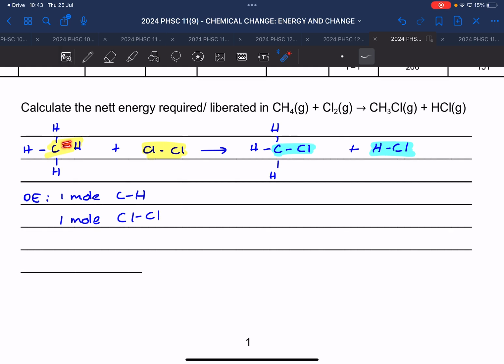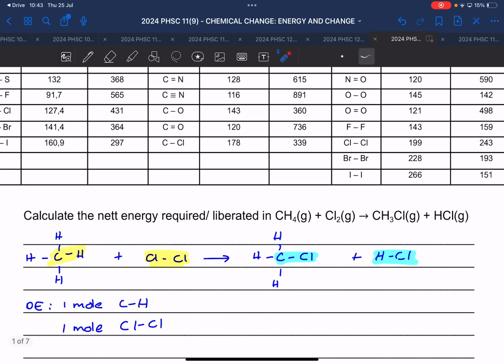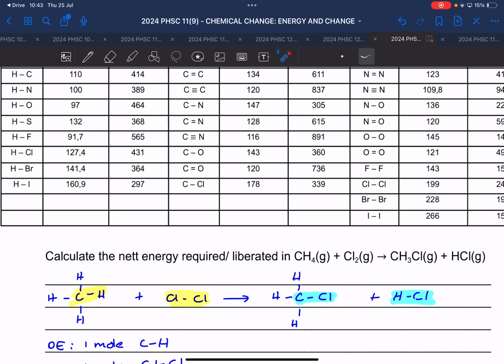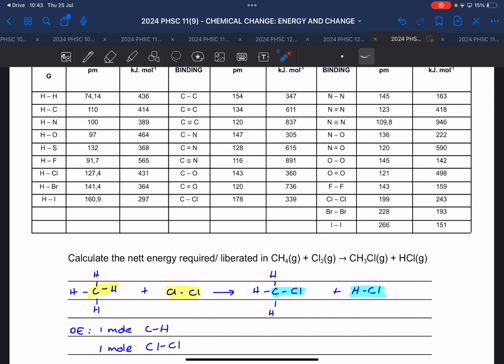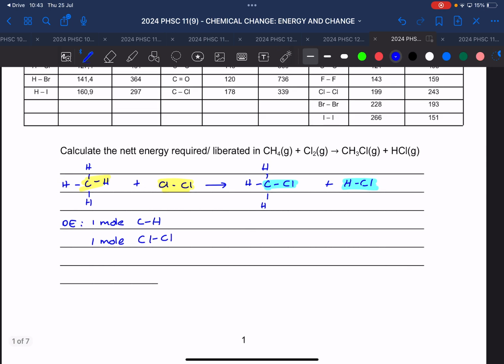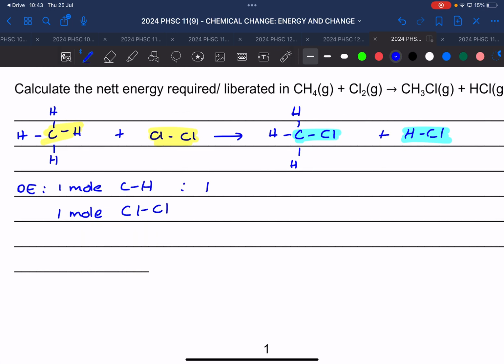Okay. Let's see. Values. Carbon, hydrogen. To break up carbon, hydrogen there, you need how much energy? 414. Okay. So to break that up, you need 414 energy. If it was 2 mole, then you would have said 2 times 414.